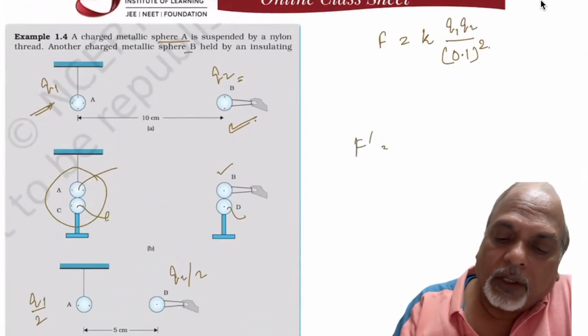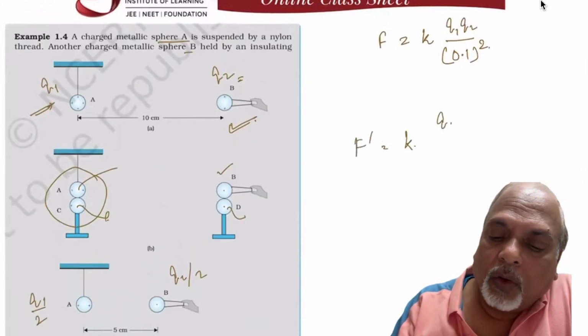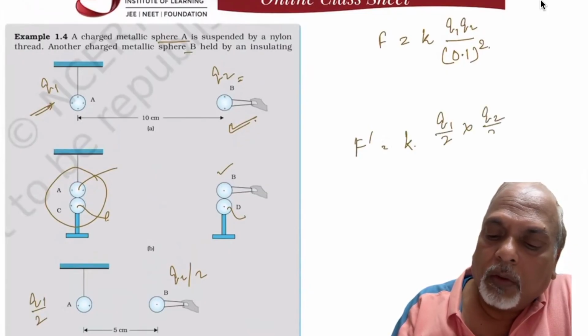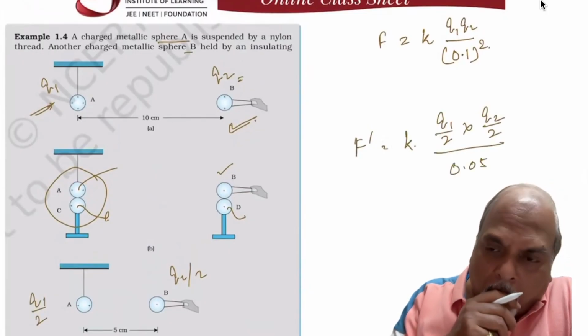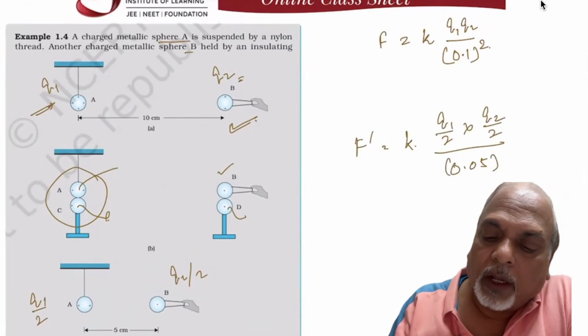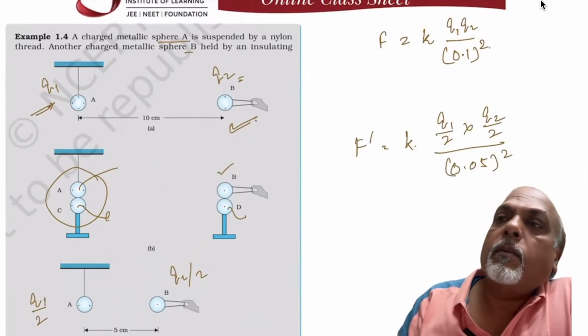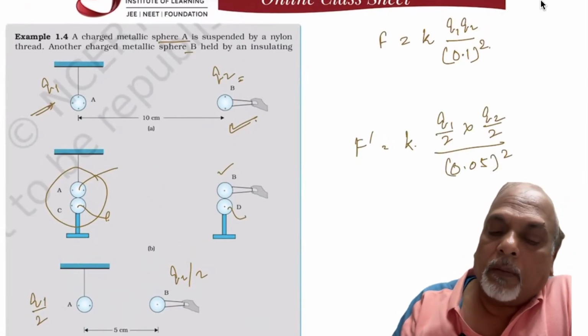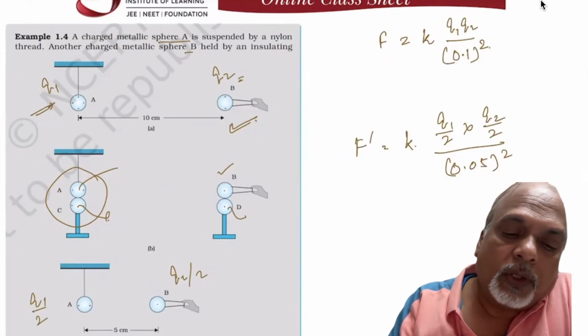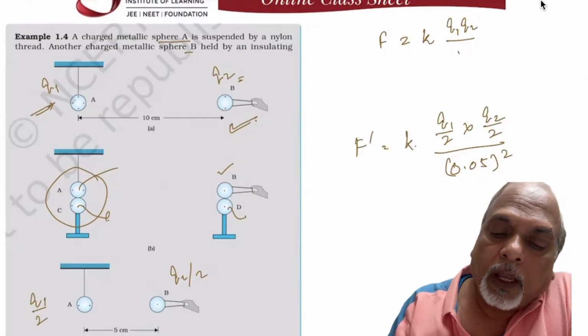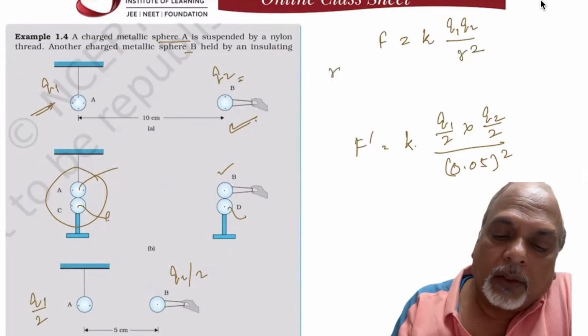Suppose F dash is the force now, then Q1 by 2, Q2 by 2 divided by 0.05 square. Correct. Or we can write it, but for simplicity, this is R square, where R is 0.01 meter.